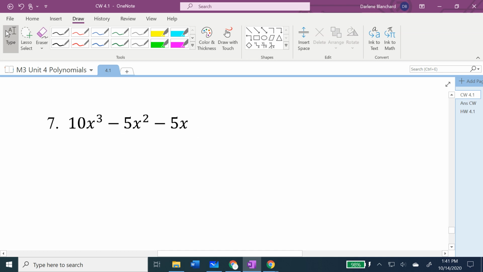What can all 3 terms be divided by? You got it, 5x. So when I divide this first term by 5x, what is left?